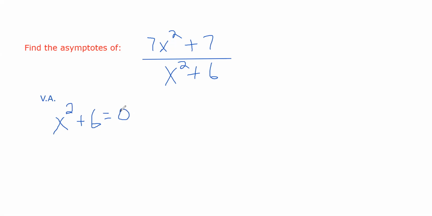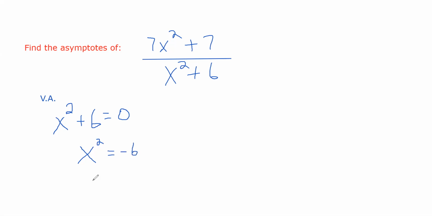And what we're going to see, maybe you already see it, you've got x squared, which is always going to turn out positive, no matter what real number we put into it, positive or perhaps 0. So this thing will never go negative, but then we're adding 6 onto it, so it's never going to get all the way down to 0. And to see that, move the 6 over, and it's going to have to be x squared equals negative 6.